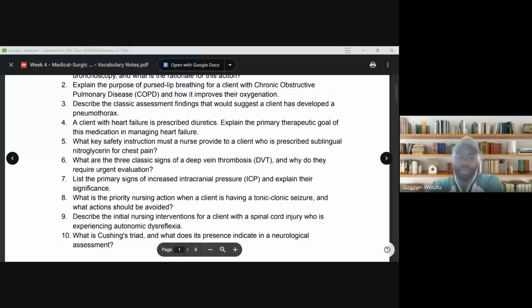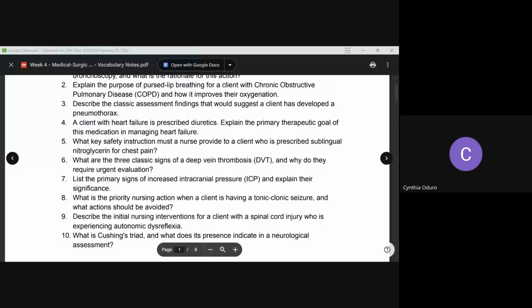The primary action is to ensure patient safety, that is, protect the patient from harm during the seizure. And you do not force anything into the patient's mouth while the patient is having the seizure.